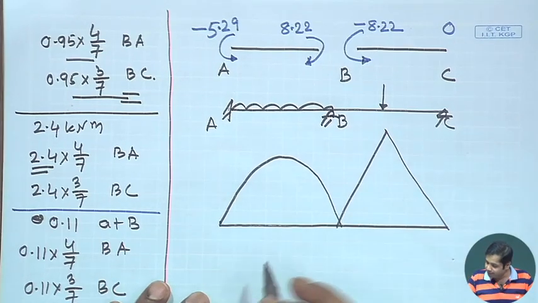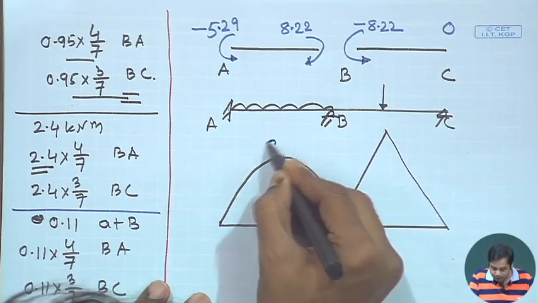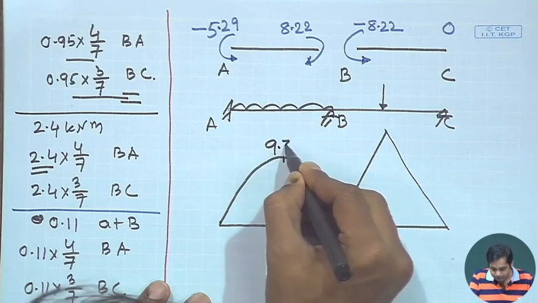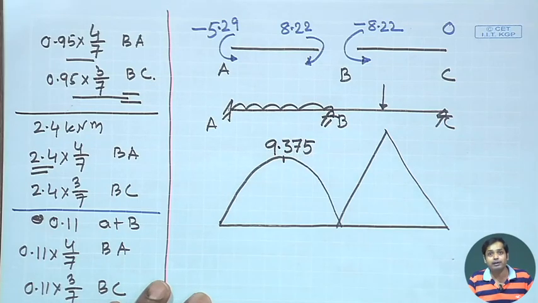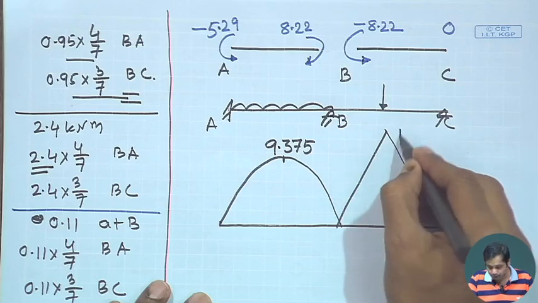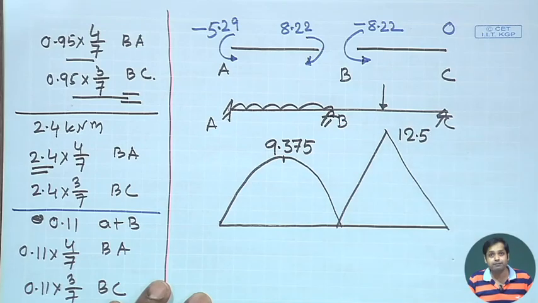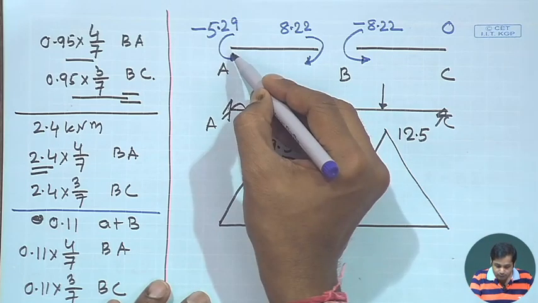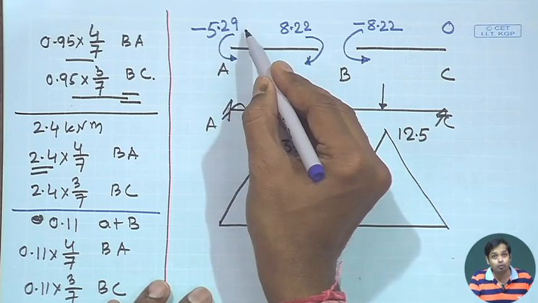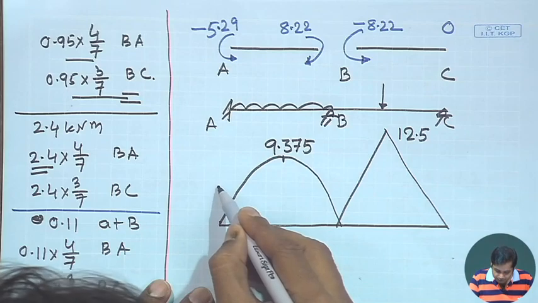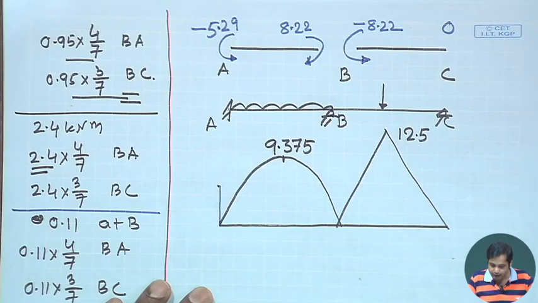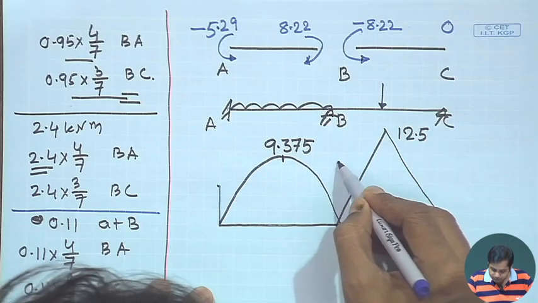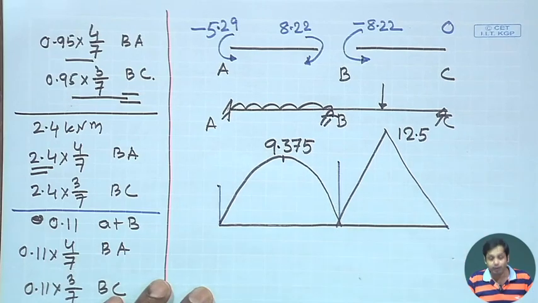Okay, and the total value is 9.375, and this value is 12.5. Okay. And then for the bending moment for this, again we have to see whether it is a hogging or sagging moment. It is 5.29, this is 5.29, and this is 8.22, this is 8.22 and this point is 0.